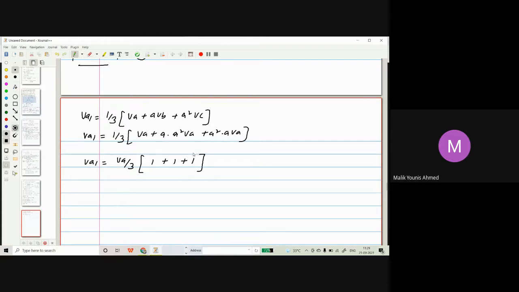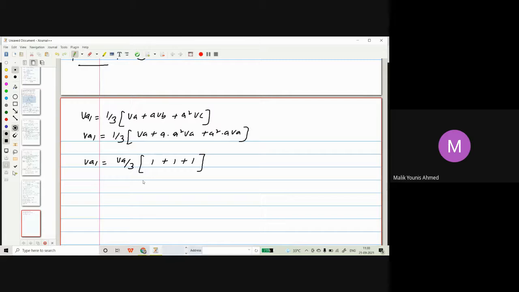VA1, what are we getting? Just a second, I think we have done something wrong. VA plus AVB plus A square VC. Positive sequence voltage we should be getting equal to VA, I think.